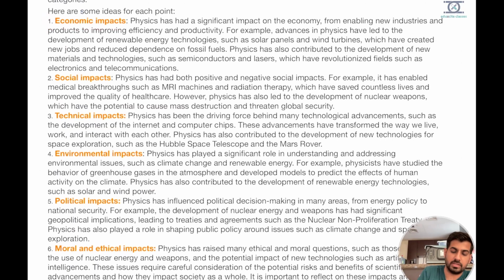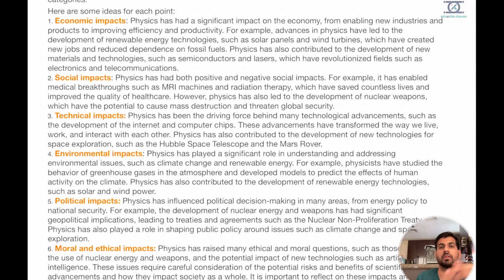Now what do you mean by the term economic? Economic is basically anything which relates to the flow of currency or money involved in it. So how does a decision or a significant idea impact the economy?